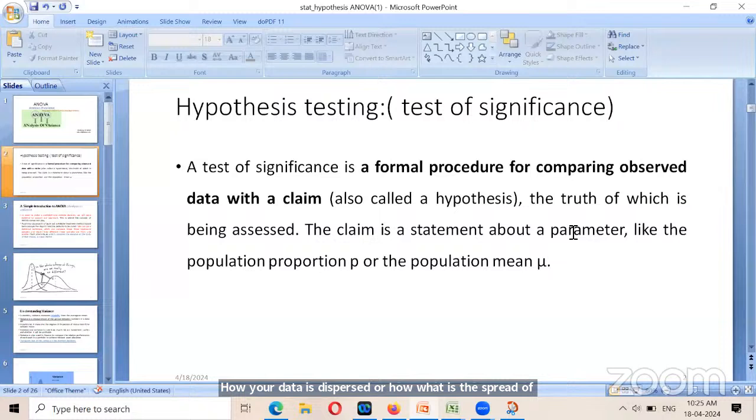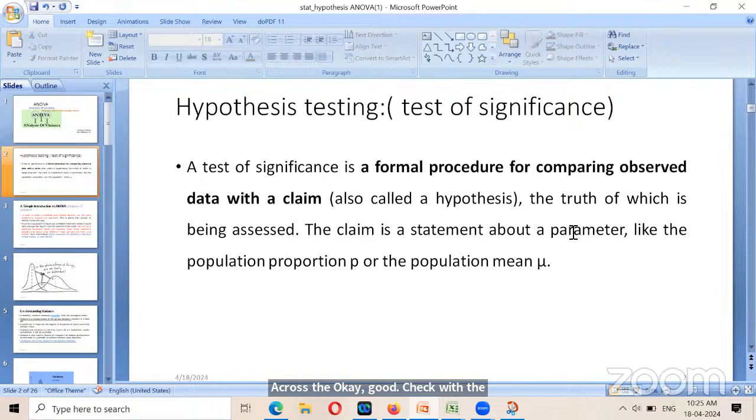Suppose you have some data and you have computed the mean, and from that mean you are trying to find out how your data is spread across the mean, in which direction it is spread. You want to check that with the help of the variance, right?